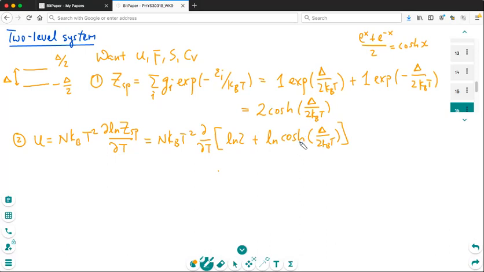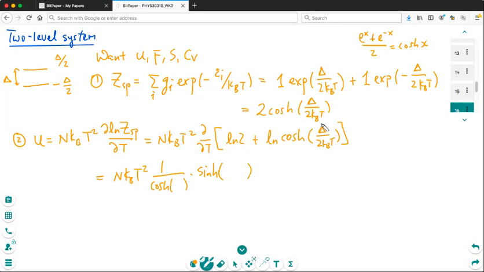And this cosh, when you take the derivative, becomes sinh. Sorry, I think I will write still a little bit more. I want to take the derivative with respect to temperature. So I have a log, so this will give me cosh, everything inside. Then I have to differentiate cosh, I get hyperbolic sine.